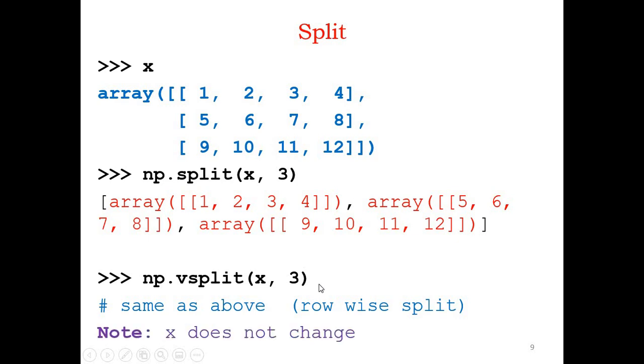Okay, but one thing you remember, whatever we do, we split or whatever, in this case the original array x does not change. So in this split method, it will give you a list of 3 cut piece arrays, but the original array will remain the same.